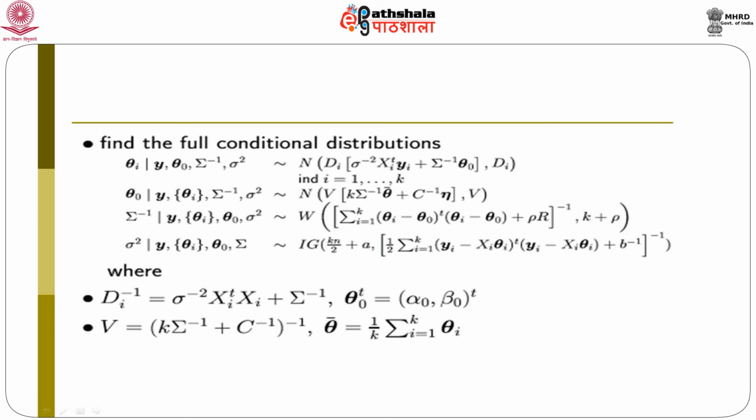We apply this Gibbs sampling to ultimately get the posterior of thousands, or maybe 10,000, or maybe 1 lakh observations on theta i, theta naught, sigma inverse, and sigma square, and then we compute the marginal mean, which gives me the marginal posterior mean for theta i, the marginal posterior mean for theta naught, sigma inverse, and sigma square.